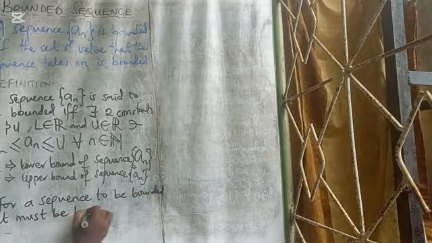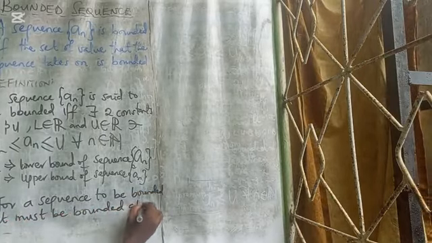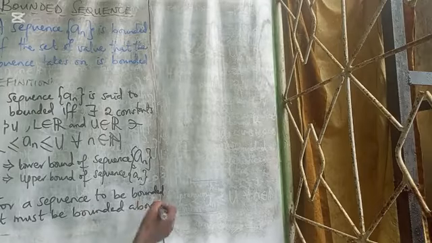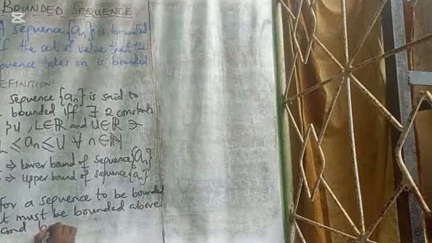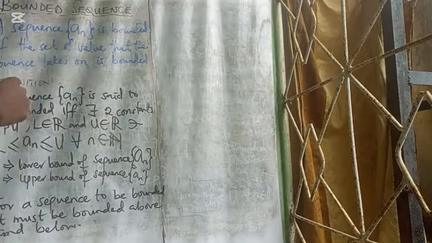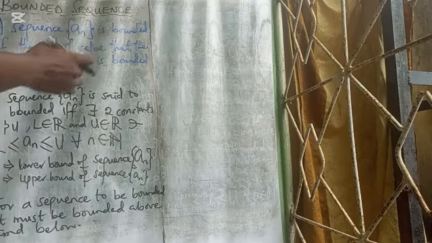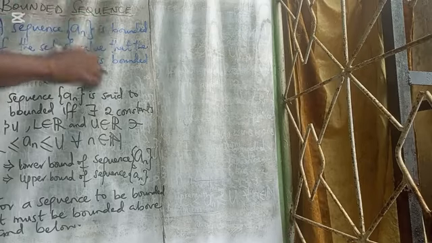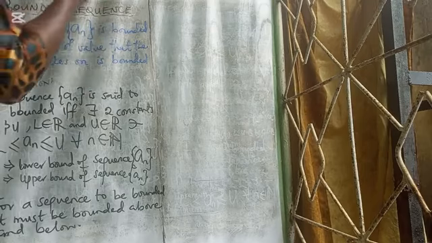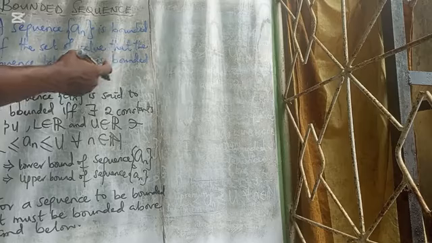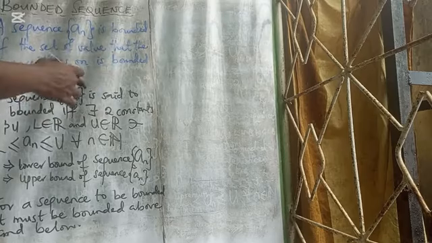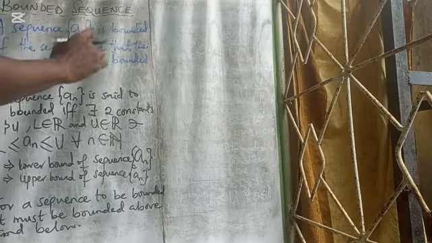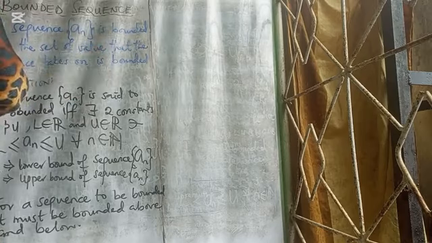It must be bounded above, that is having an upper bound, and also bounded below, having also a lower bound. However, if a sequence has only an upper bound or only a lower bound, then such a sequence cannot be said to be bounded.